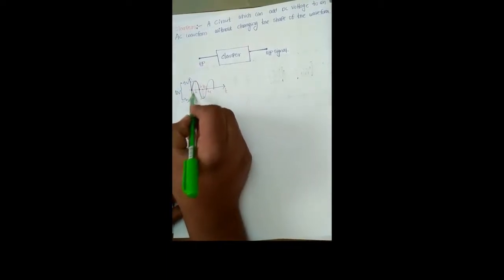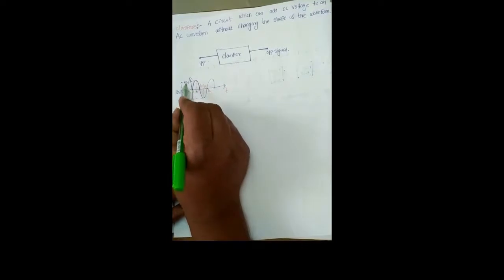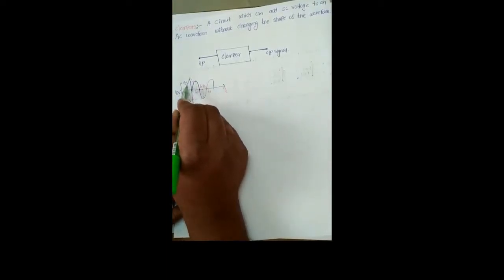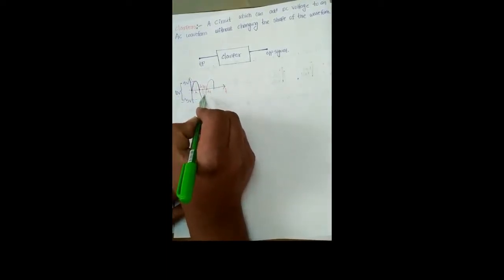This sinusoidal signal has a peak to peak voltage of 10 volts. During the positive half cycle this signal has 5 volts amplitude, and during the negative half cycle it has minus 5 volts amplitude.